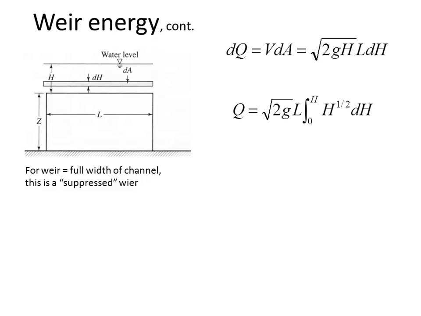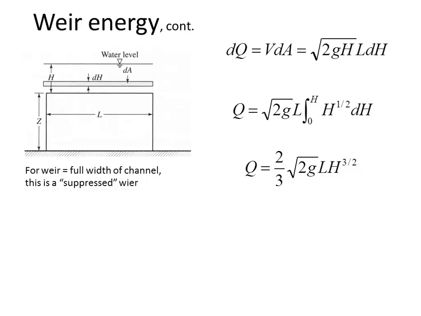What is basically the flow rate equation is where this derivation is headed. If we integrate from 0 up to the total height of the water, the elevation above the weir crest, then we have 2/3 of the square root of 2g times L, which is the length of it, and the height of the water to the 3/2.